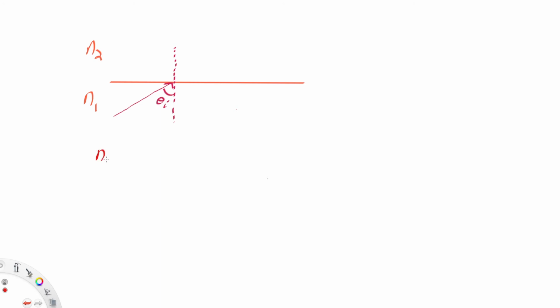So Snell's law says n1 sine theta 1 equals n2 sine theta 2. So for refraction to occur at all, the angle between the outgoing light and the normal has to be less than 90 degrees.